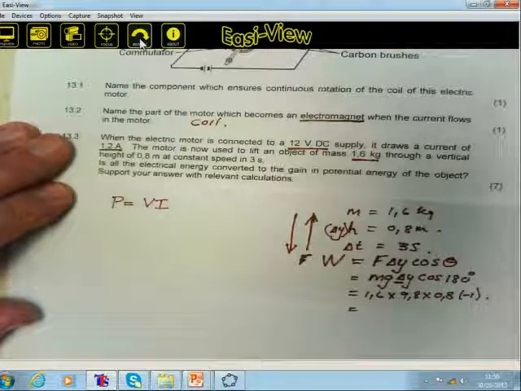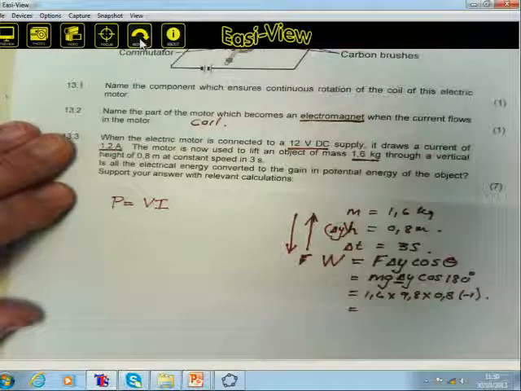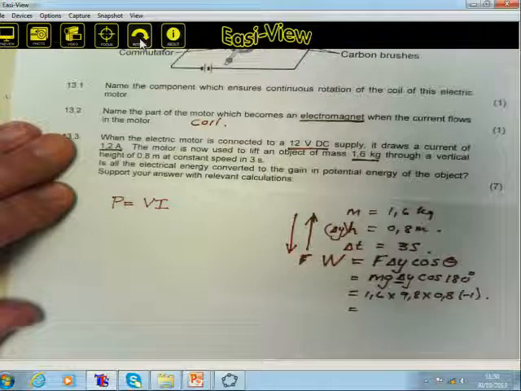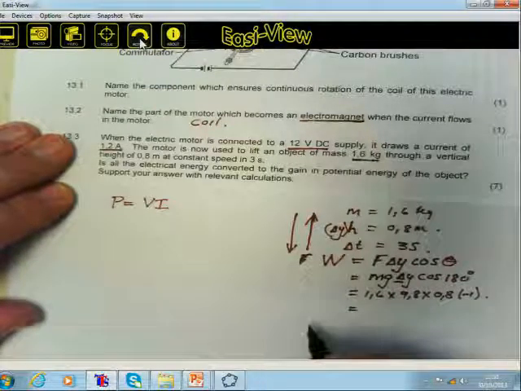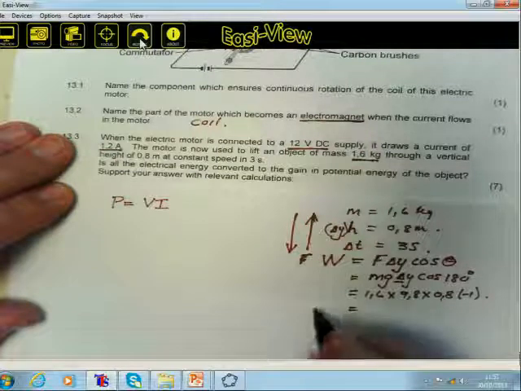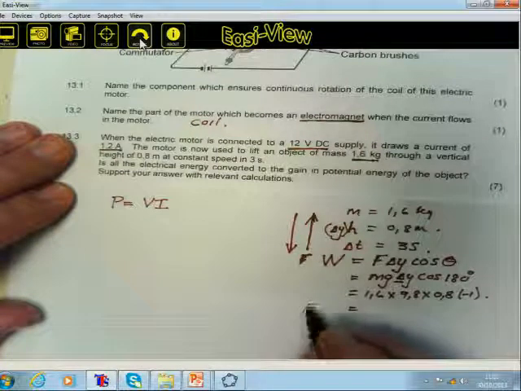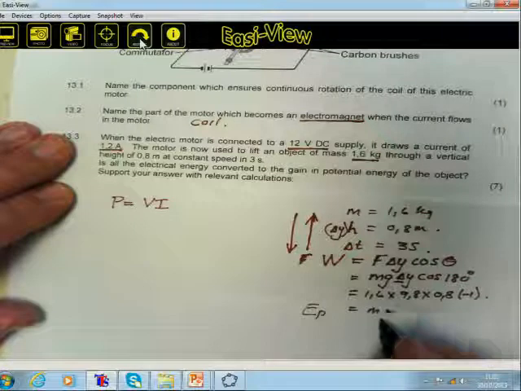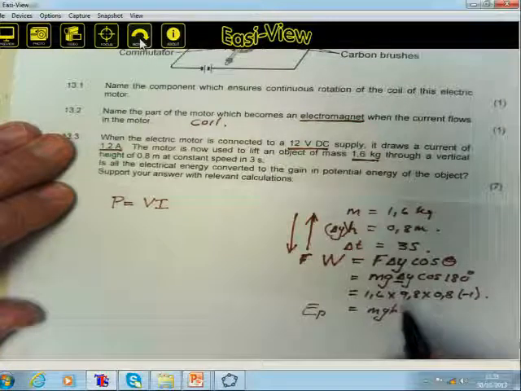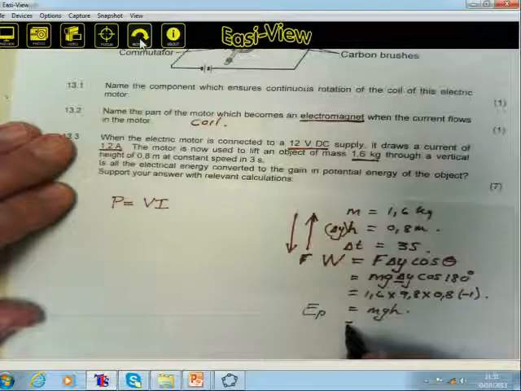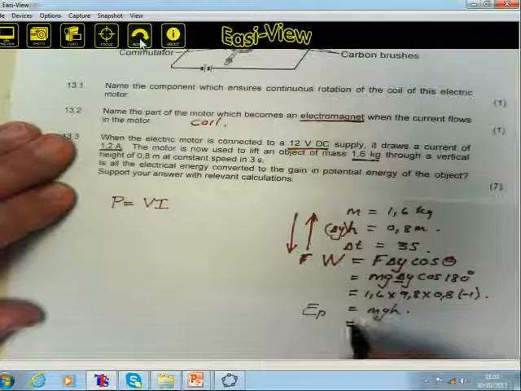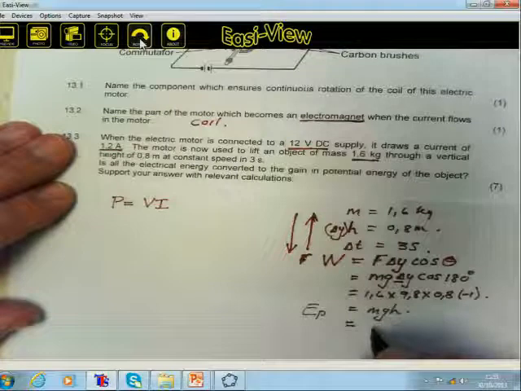You can also just state that the gravitational potential energy gained was, just write it down as EP equals mgh, because you're only looking at the magnitude of the gravitational potential energy gained.